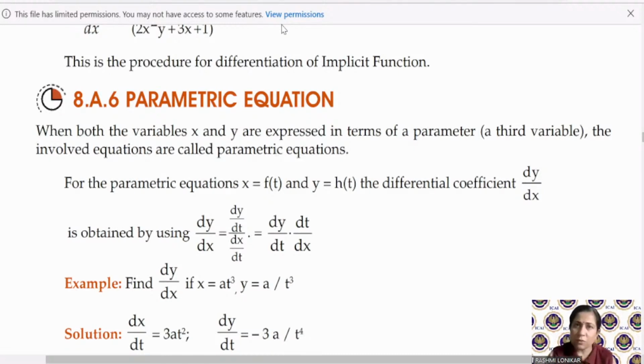When both the variables x and y are expressed in terms of a third parameter, it may be t, it may be p, it may be a, okay? If two variables are expressed in terms of a third variable, then we say the equations are parametric equations. Okay, so for example here, this is the question.